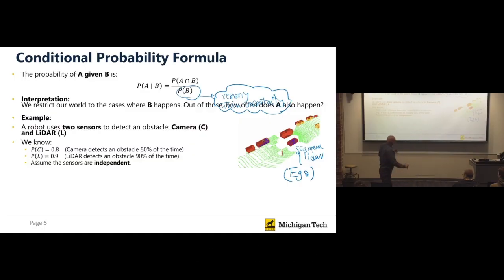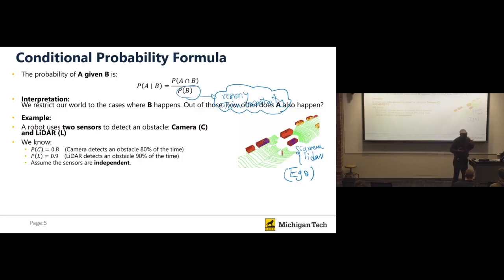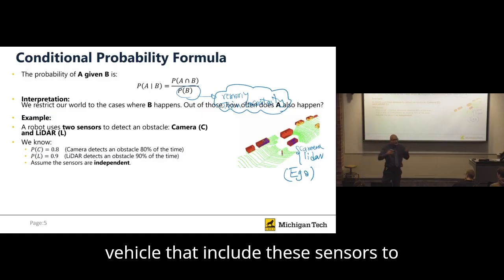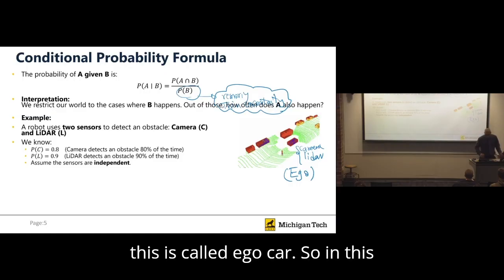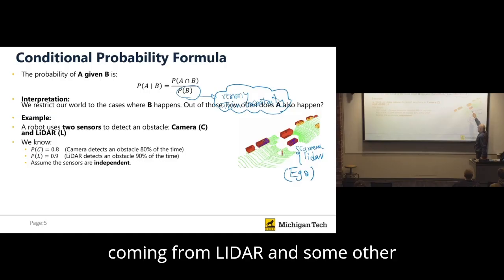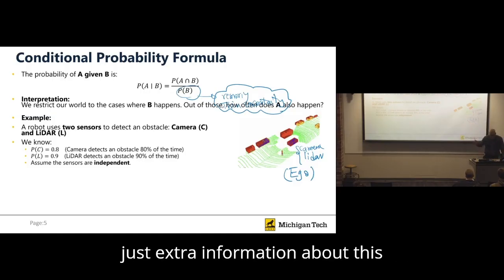So when you say ego vehicle or ego object, it means the vehicle that includes these sensors to get perception. So this is called the ego car. In this picture, you can see this information coming from LiDAR and some other information coming from camera. This is just extra information about this example.